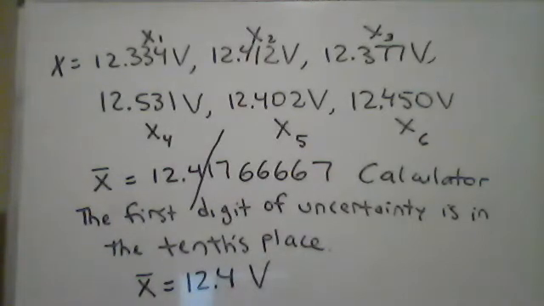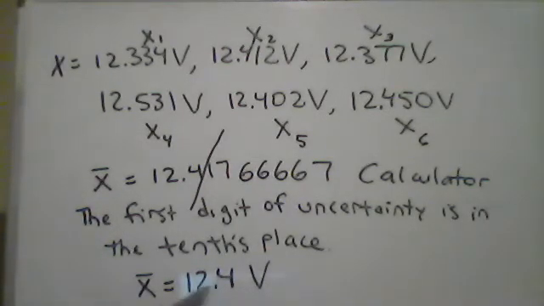Now, I could get a pretty good idea of how uncertain my data is. I can tell you it's in that tenths place, but that's not very mathematical. I want to do a better job, so I use statistics. A very popular way of measuring uncertainty is using what's called a standard deviation.